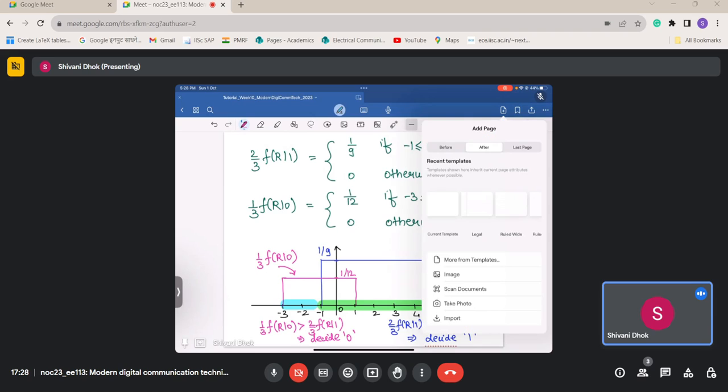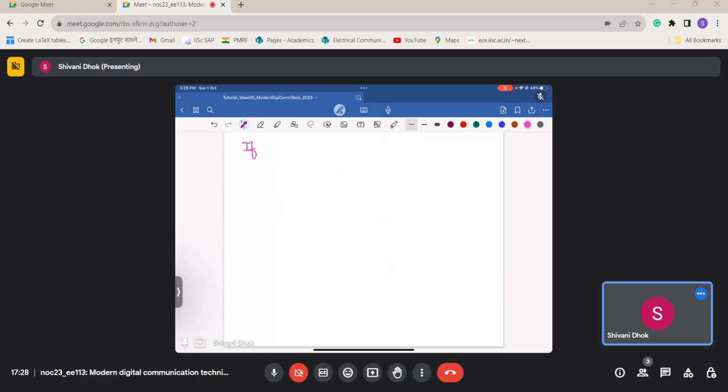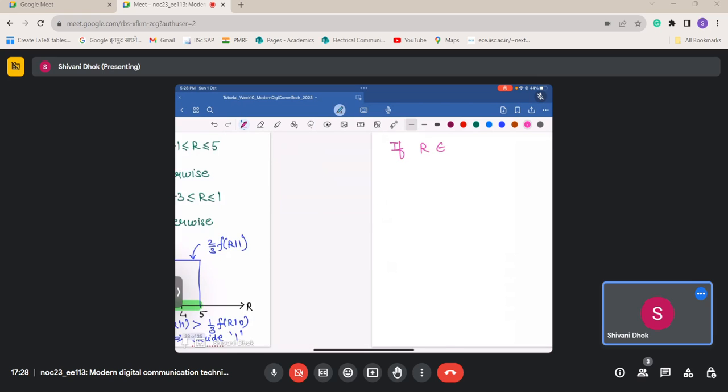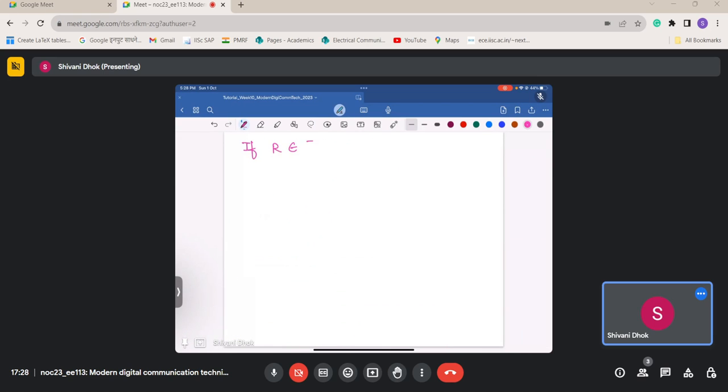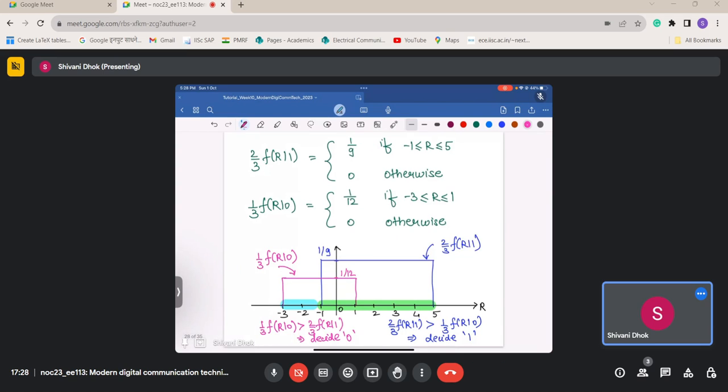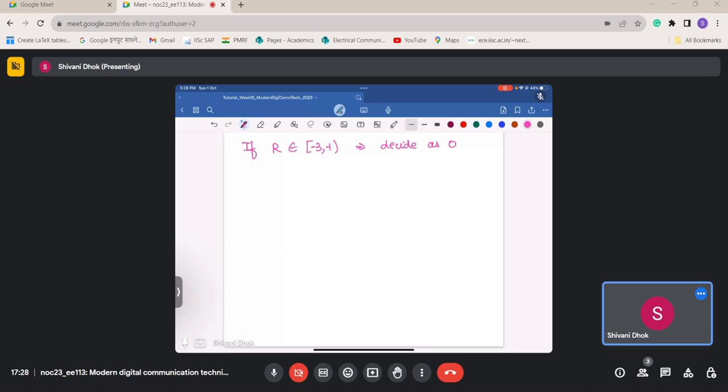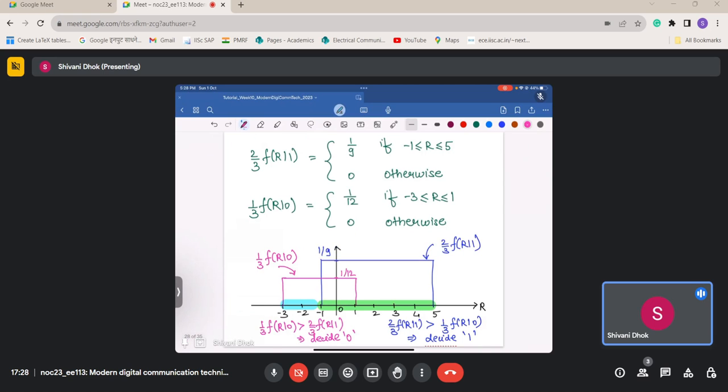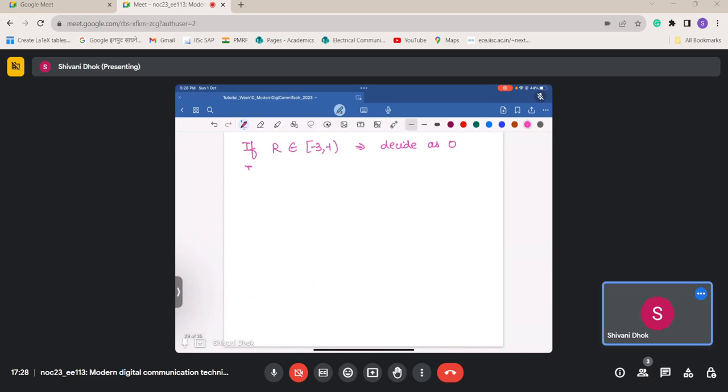So what we have is, if r belongs to -3 to -1, decide as 0. However, if r lies between -1 to 5, decide as 1.